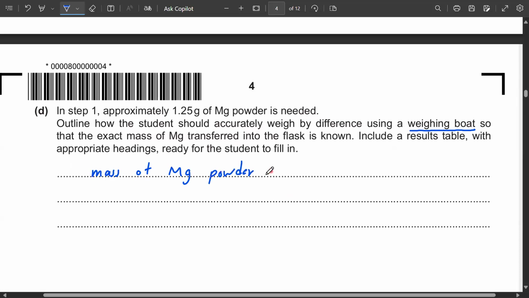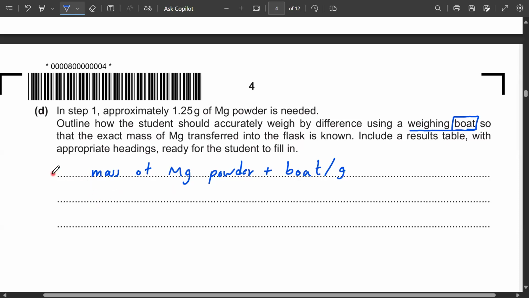It's in a container, right? Plus a container, but you can use the complete name, or you could simply use a name, boat. Okay, mass of Mg powder plus boat in grams. This would be like M1, for example.